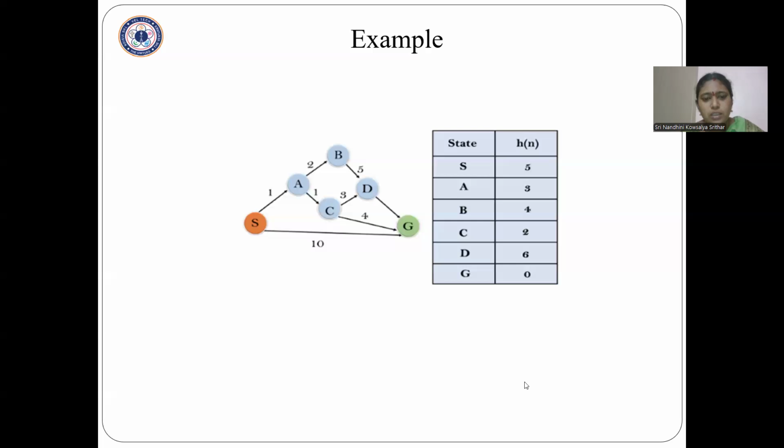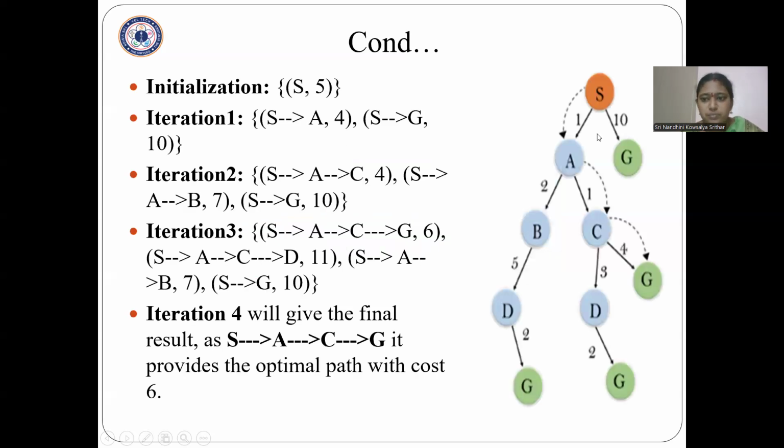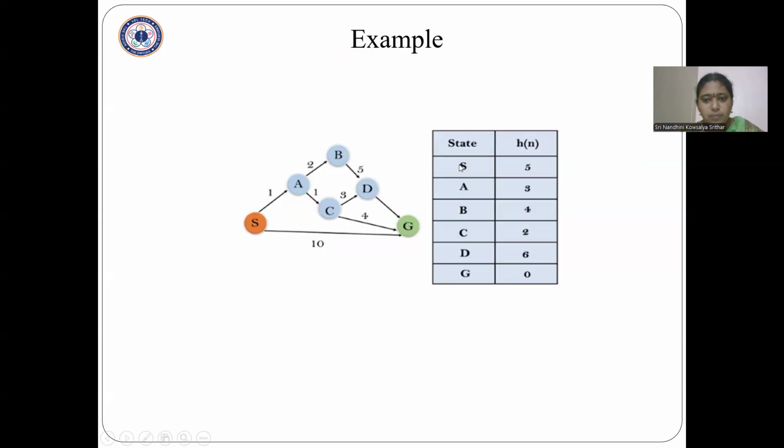So in this we have S as the starting node, then G as the goal node. We also have a path cost as well as a heuristic function. The path cost is known as g of n. The heuristic function is known as h of n. So first we have S, and then we choose the lesser path cost.